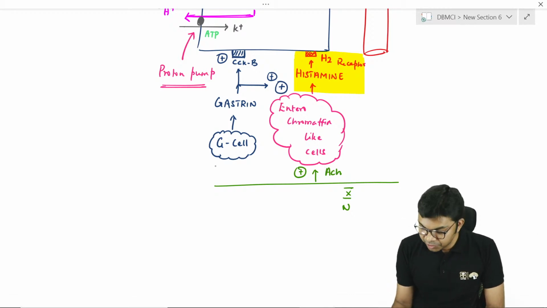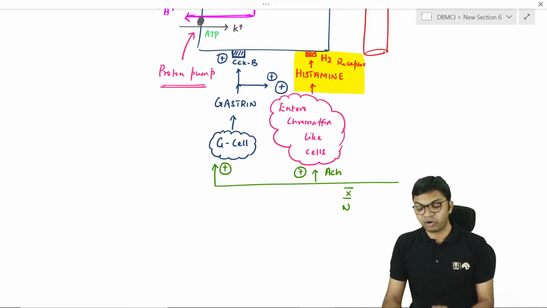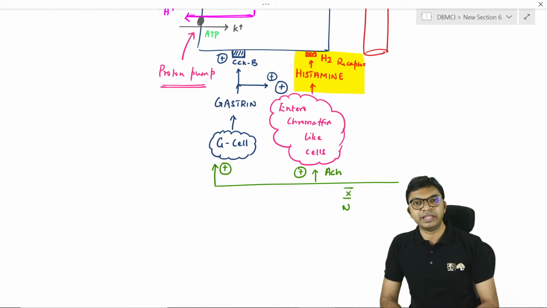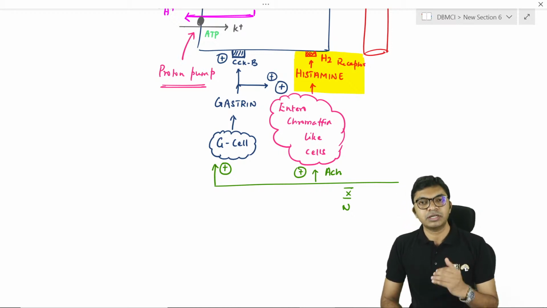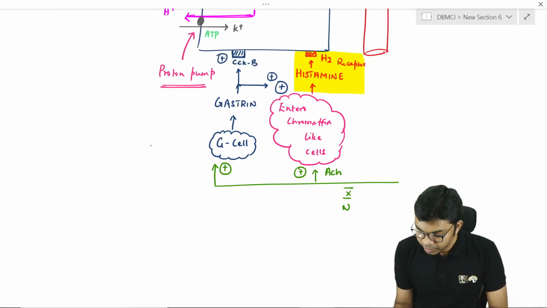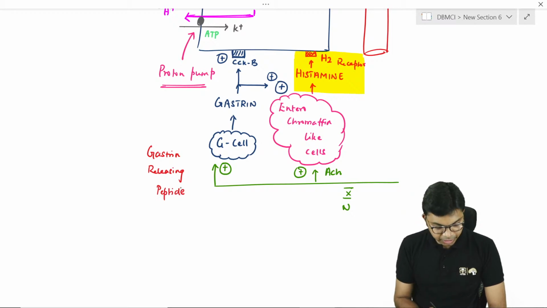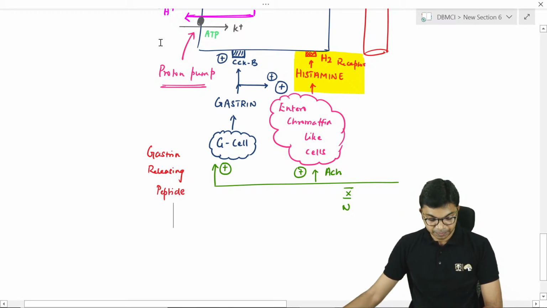The vagus nerve is going to activate G cells as well. But one slight difference: the neurotransmitter of the vagus nerve activating G cells is not acetylcholine. The neurotransmitter is gastrin releasing peptide, doctors.